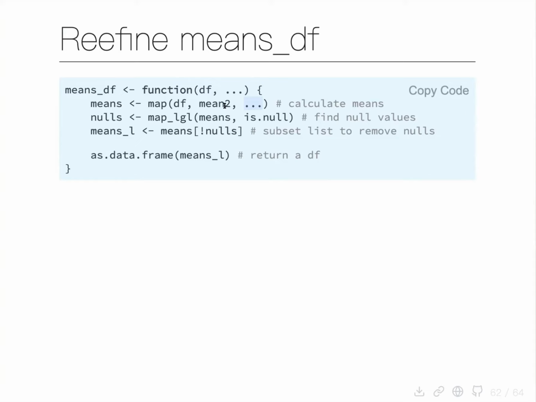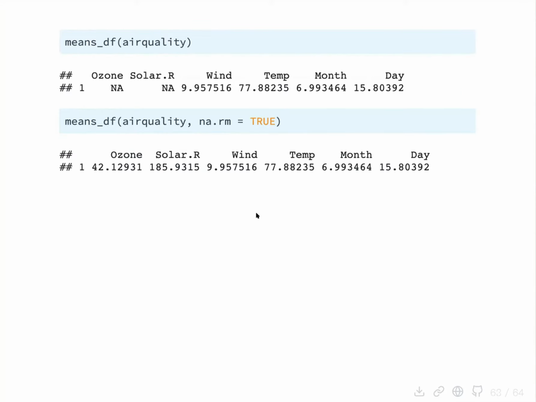And then somebody could go and look at the base mean function and see all the additional arguments they could potentially pass to it. Okay? So now, if I say means_df on air quality, I get the NAs, but if I say na.rm equals true, now it works.